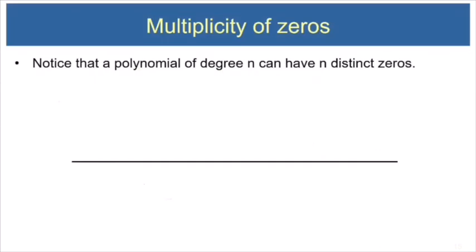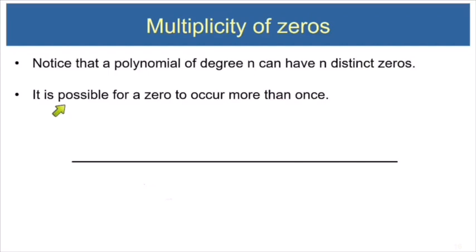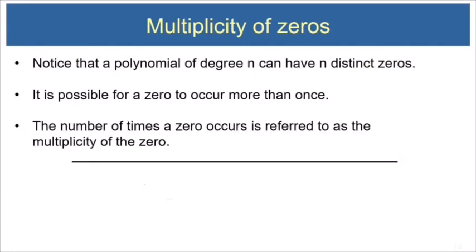So just to sum up, a polynomial of degree n can have n distinct or different zeros, and therefore it's possible for a zero to occur more than once. The number of times a zero occurs is referred to as the multiplicity of the zero.